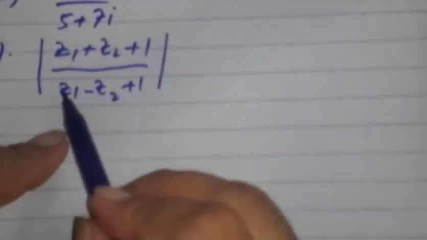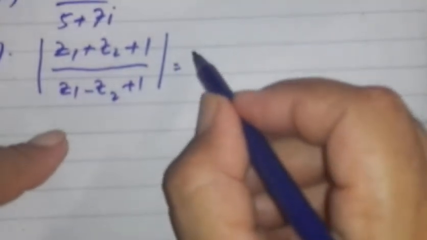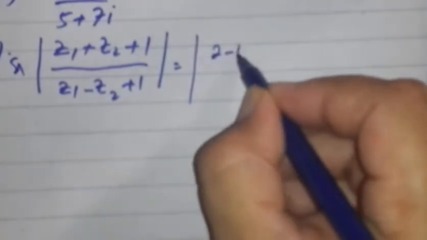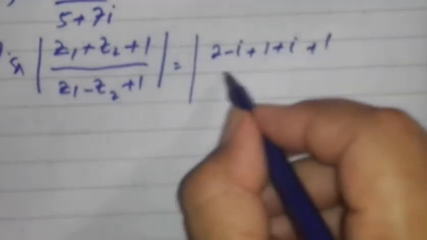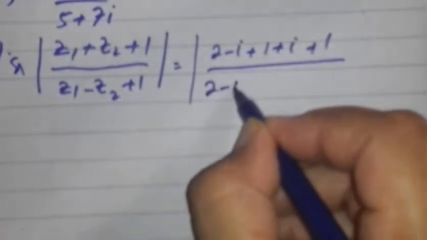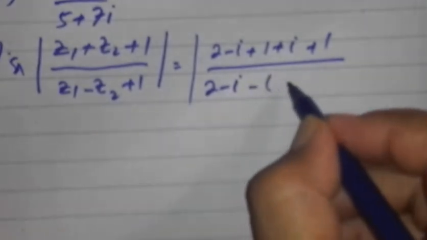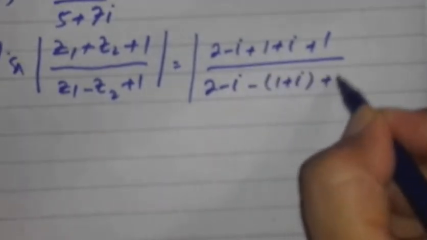Now question number 4. Question number 4 is the absolute value of z1 plus z2 plus 1, divided by the absolute value of z1 minus z2 plus 1. Solution, z1 value is given as 2 minus iota and z2 value is 1 plus iota, so the absolute of 2 minus iota plus 1 plus iota plus 1, divided by the absolute of 2 minus iota minus 1 plus iota plus 1.